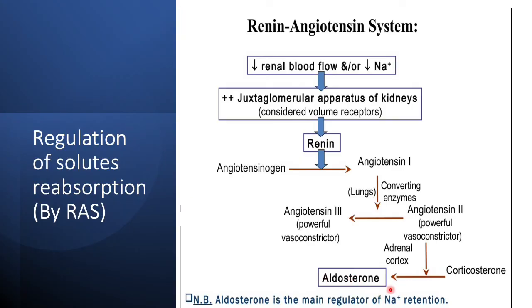As we know, aldosterone acts on the principal cell of the collecting duct and produces the epithelial sodium channel, which is responsible for sodium reabsorption in the collecting duct. That way, whenever the sodium concentration is low, the production of aldosterone increases sodium reabsorption from the collecting duct, and the sodium concentration is restored.